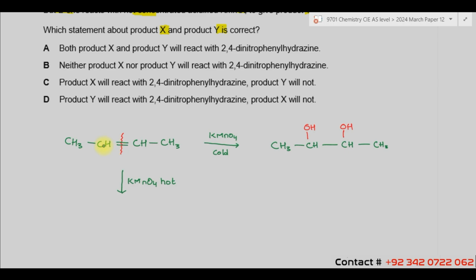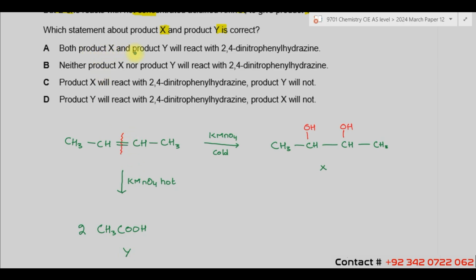So after bond cleavage, the carbon that is bonded to a hydrogen and alkyl group converts to carboxylic acid. So we have a 2 carbon carboxylic acid on this side. This side is also similar, so another carboxylic acid. So we have 2 moles of 2 carbon carboxylic acids. So we have product X and we have product Y.